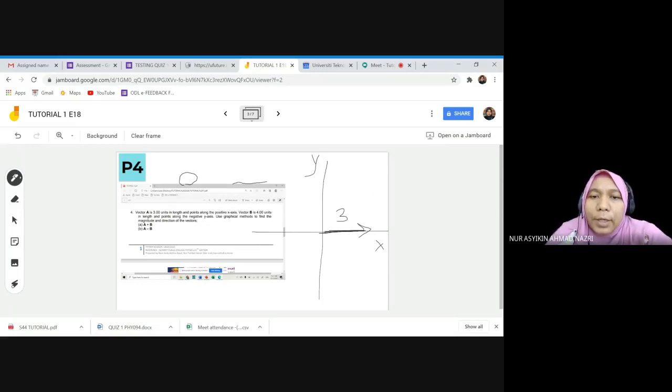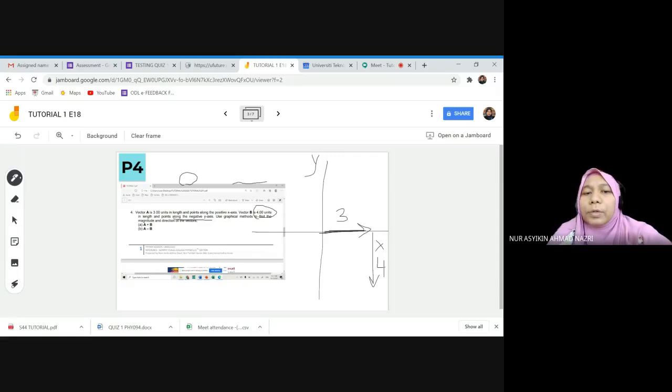Okay, and then vector B. Okay, so vector B, okay, ada 4 units. Okay, itu baru satu benda, which is the magnitude. So find the direction pula along the negative y axis. So bila along the negative y axis, dia akan going down here. So 3, 4, going down here.